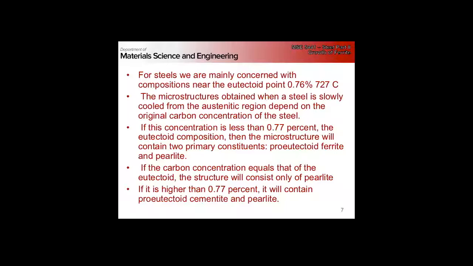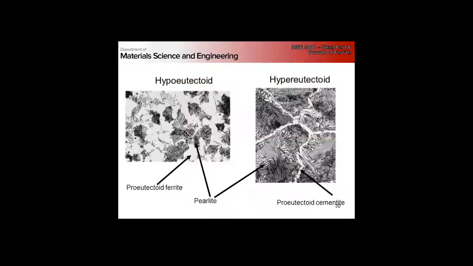If we're hypereutectoid, we're going to have pro-eutectoid cementite and pearlite. So, just images of hypo, right? The ferrite is white, the pearlite is mottled. Here we're hypereutectoid, so we have pro-eutectoid cementite that forms on the prior austenite grain boundaries with pearlite that grows into it.